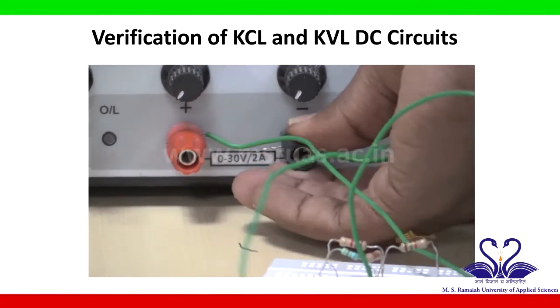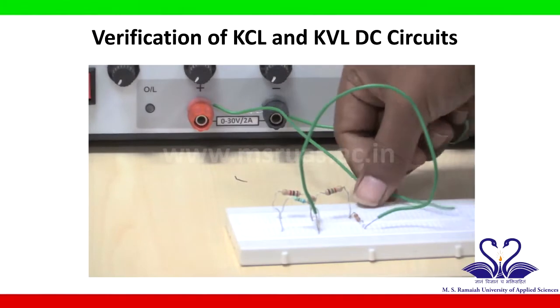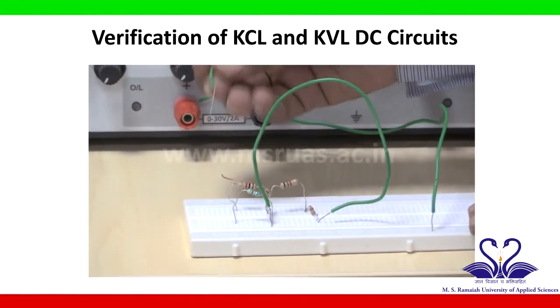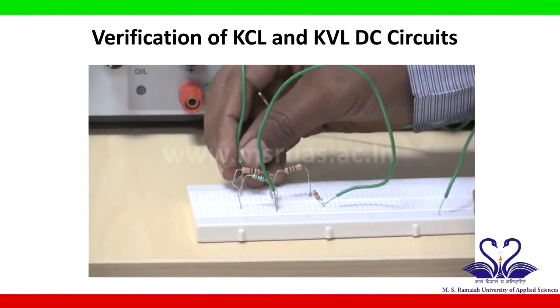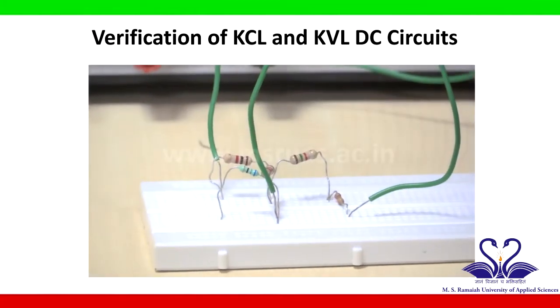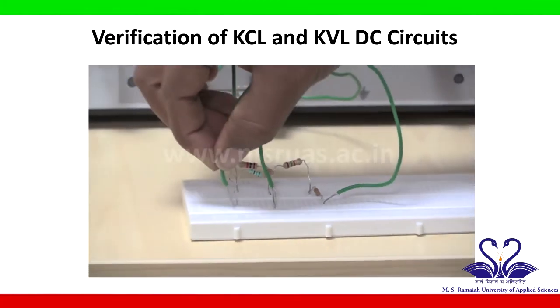Now according to the given circuit, the positive is connected to R1 and the negative end is connected to R5.